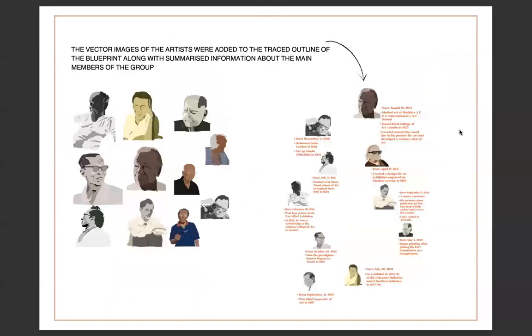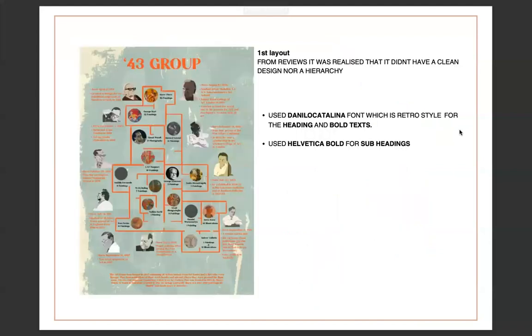Then a teammate illustrated these vector style portraits of the members. Those members are placed together around the outline of the blueprint with summarized info about their personal life and the paintings that they've done. That was put together as the first attempt of our poster.